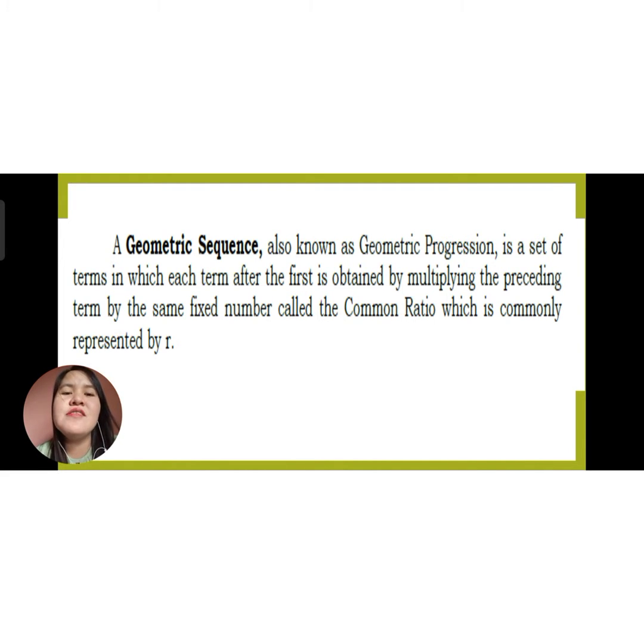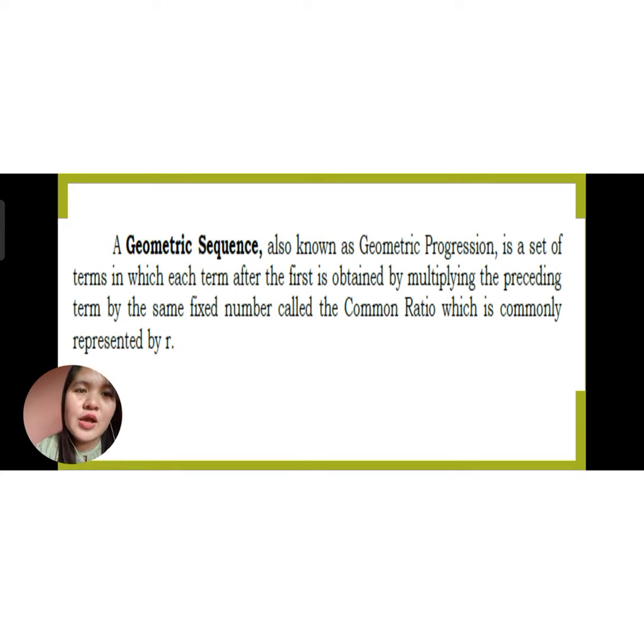If you can still remember what we studied last week, which is the arithmetic sequence, the arithmetic sequence is the same as the geometric sequence. They are both a type of sequence. The difference is that in the arithmetic sequence, we obtain the terms of the sequence by adding the preceding terms.